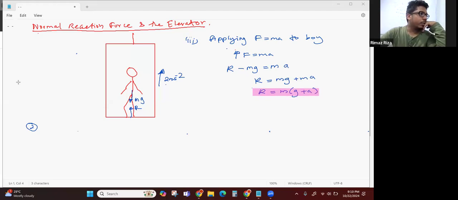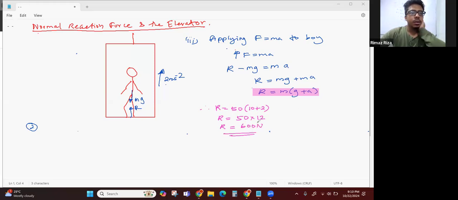Now we know the value of g and a. Therefore R equals m, which is 50, times g, which is 10, plus 2. So R equals 50 times 12, which is 600 Newton.